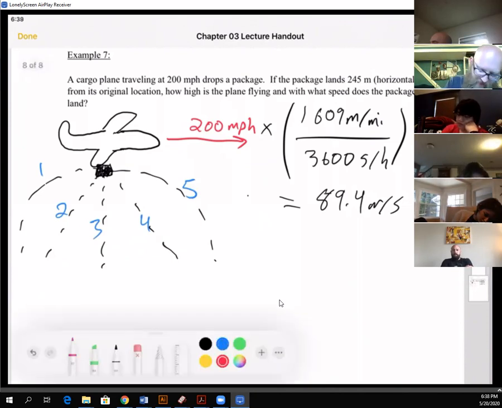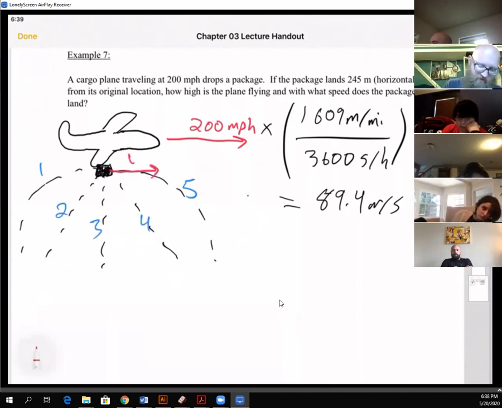And that's because the initial velocity of this package is to the right. If we're ignoring air, it's going to do this. If we include air resistance, it's going to slow down immediately, but it's still going to go forward.